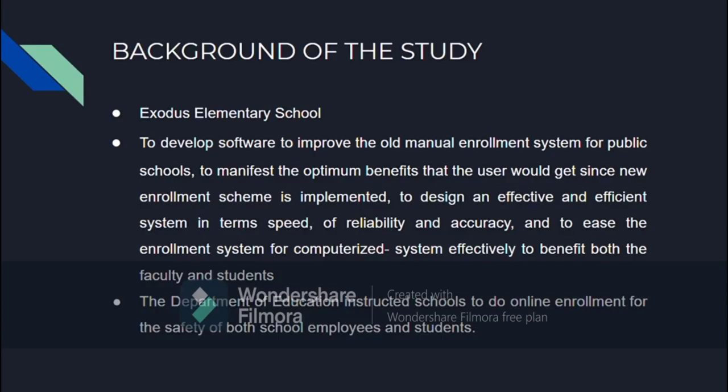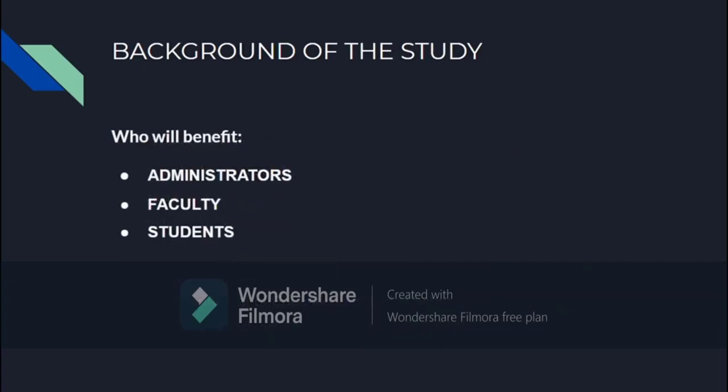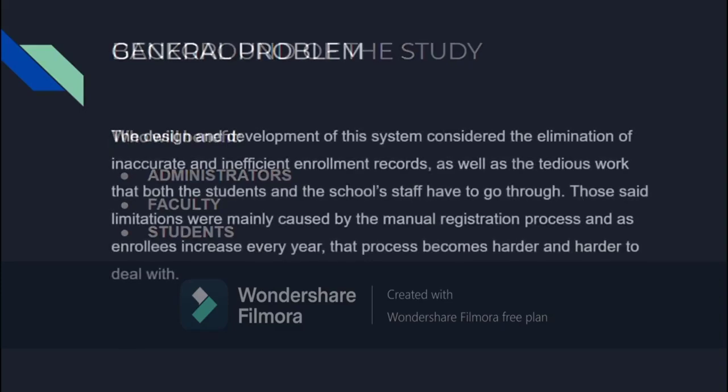And also, since the Department of Education requested that enrollment also become online, this will help them process those things. This is also for the safety of both school employees and students. So, who will benefit from this? Administrators, faculty, and the students.